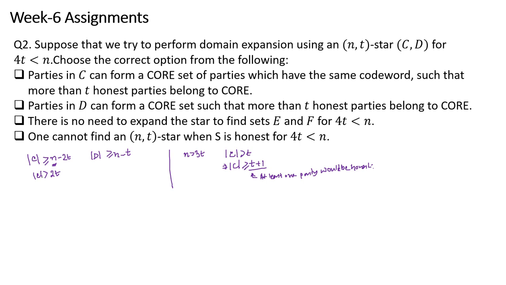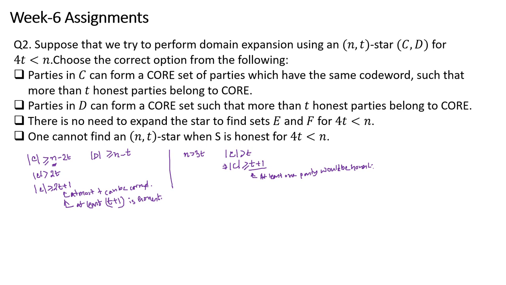But in this scenario, since C is greater than 2t or it is greater equal to 2t plus 1, and among them at most t can be corrupt, this means that at least t plus 1 is honest in C. And so parties in C actually can form a core set of parties which will have same code word, and more than t honest parties can be there in core.